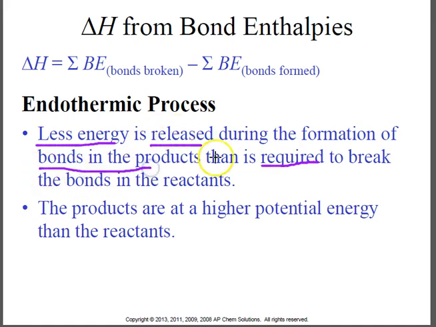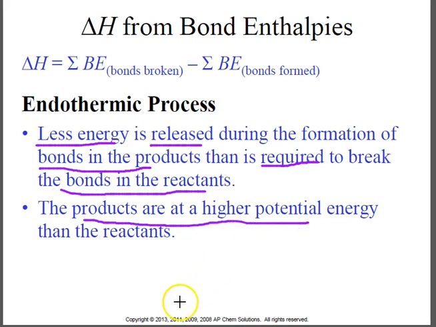So if it's endothermic, then our reactant bonds must be stronger. So that means the products are at a higher potential energy. So that graph would look like this. We break the bonds, and then when we make them, we don't get that much energy out. So the products are at a higher potential energy. We had to put in a lot, positive, we didn't get much out, negative.